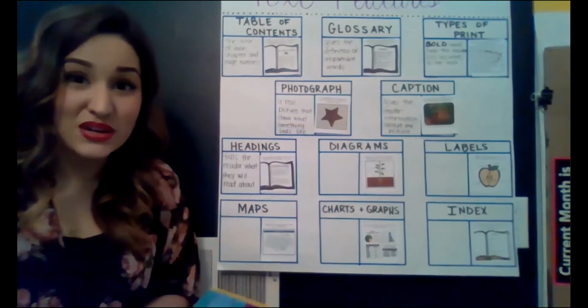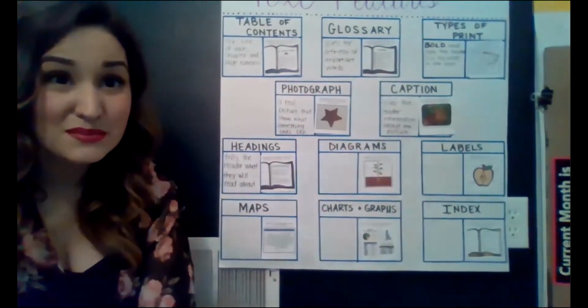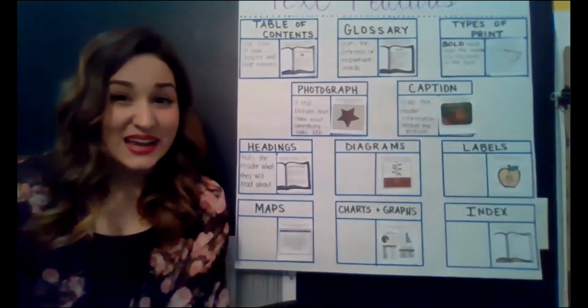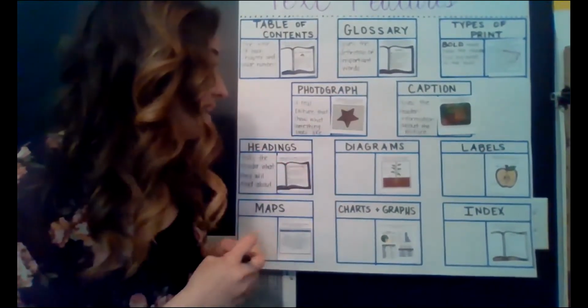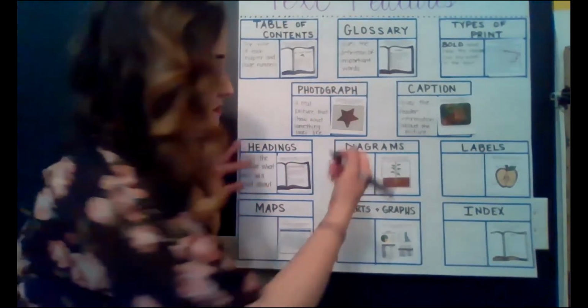So two things that we just talked about are diagrams and labels. And those sometimes are found in nonfiction books. So let's add those to our anchor chart with our definition so we don't forget. A diagram was that picture of the bird that had the lines coming from it, and it's a drawing that explains or shows the parts of something.